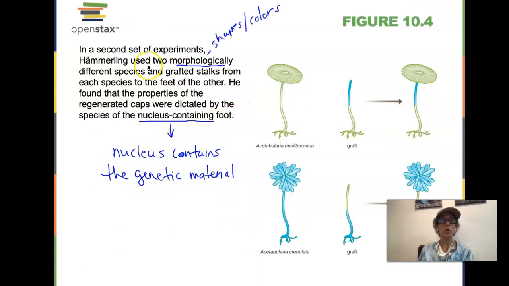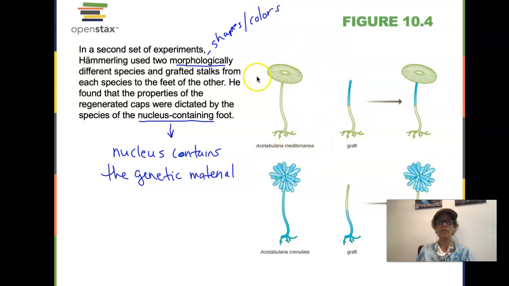Looking at 2 morphologically distinct species, we know that cellular morphology is the shape of a single cell. So we're looking at the morphology of the entire being here. There were the green ones with a flat cap and the blue ones with a floral-shaped cap.